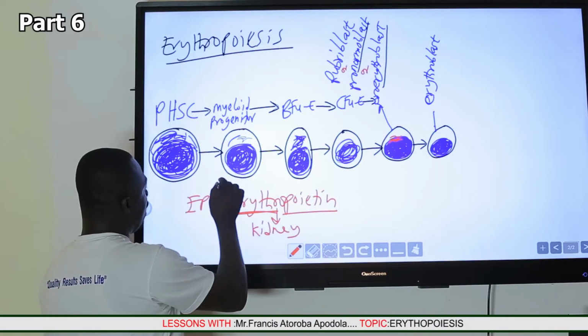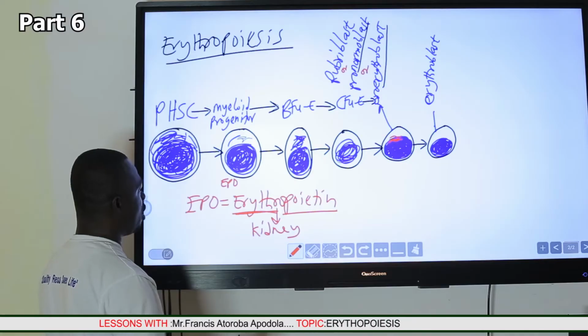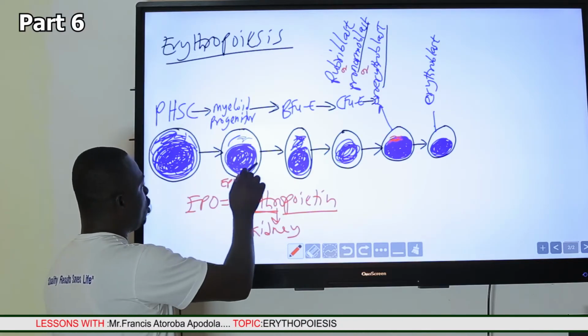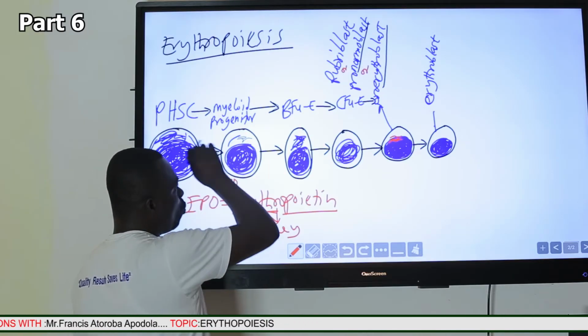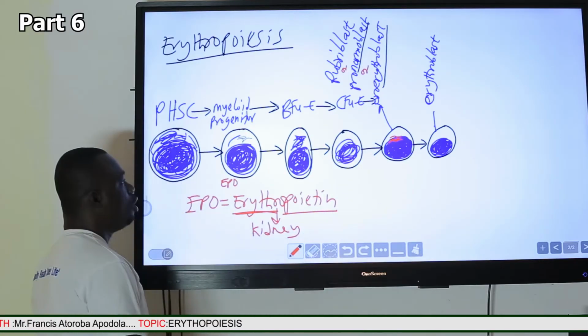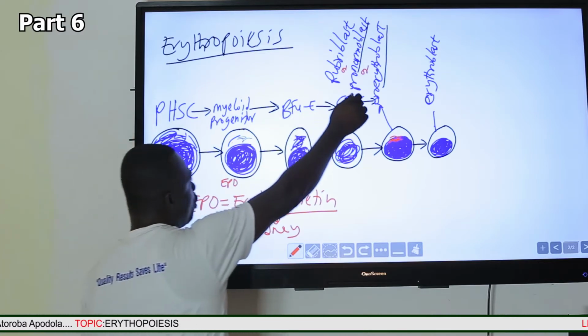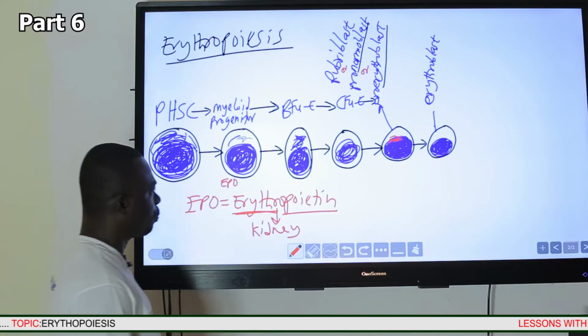So the binding of EPO to the myeloid progenitor cells triggers the genes to be activated, and this progenitor cell will undergo differentiation to form the burst forming unit erythroid, which will undergo further differentiation to form the colony forming unit erythroid.